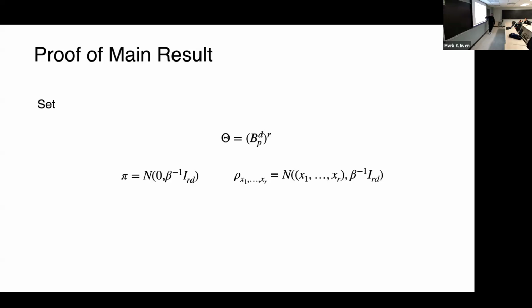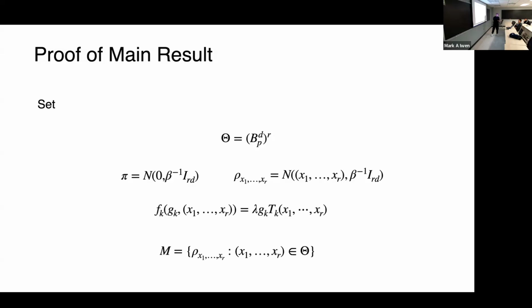The means are going to be shifted to the appropriate x_1 through x_r. Very natural. And then finally, f_k is going to be defined as follows. It's just going to be, like we said, g_k times T_k, but now we're going to introduce this lambda parameter, another non-negative real that we're going to tune at the end.